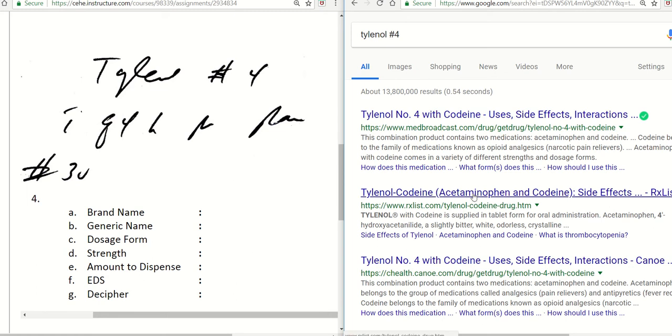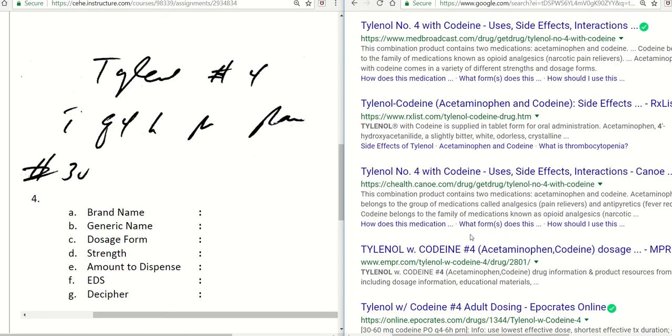You get 300 milligrams of acetaminophen per tablet, and for Tylenol 4, you get 60 milligrams of codeine. So it's very specific. It's the codeine amount that changes.